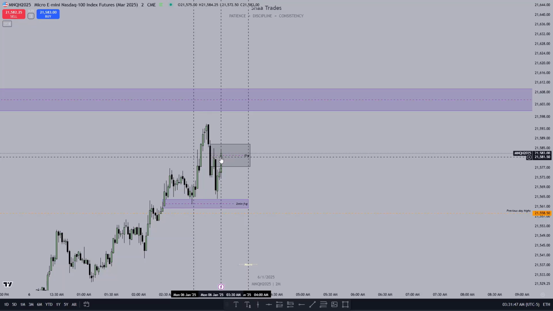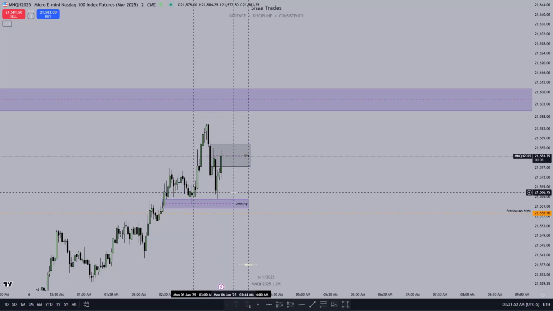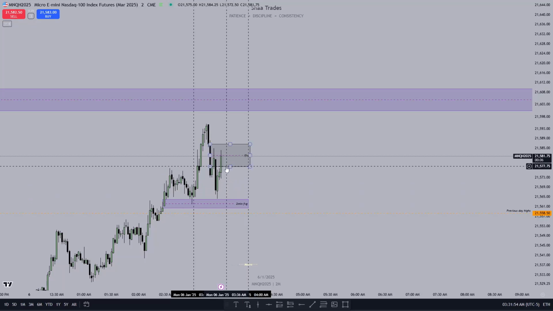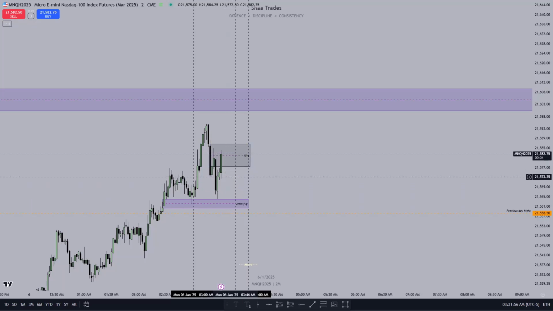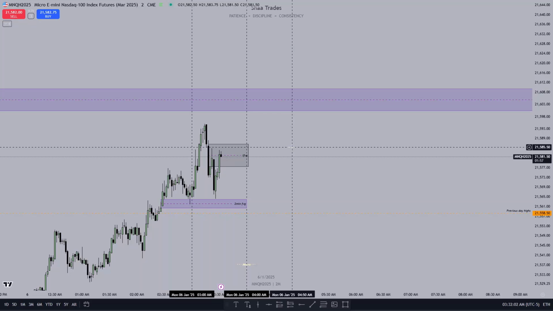It respected it already, and now it's going back there. So we don't want it to do that, right? The fact that it's doing that means it's going to break it, and then maybe we could look for a buying opportunity. So let's see what happens there.